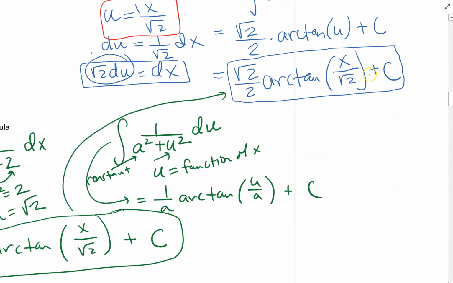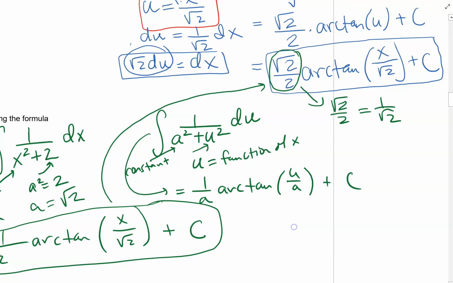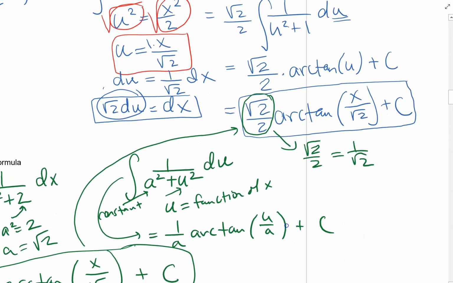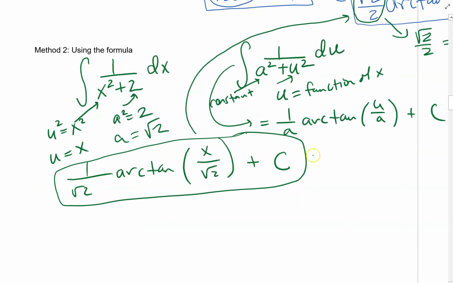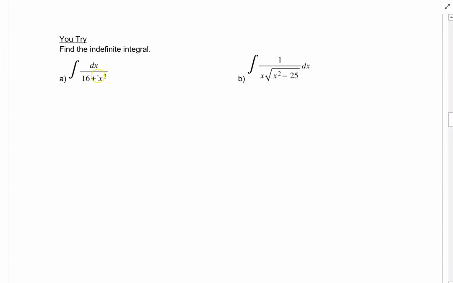Of course, using this method, our fraction was rationalized. So it's okay either way, the square root of 2 over 2 is equal to 1 over the square root of 2. So however you write it doesn't matter. These answers are equivalent. This method was using the u substitution, this one was using the formula, and you are welcome to use either one. So why don't you try these two?